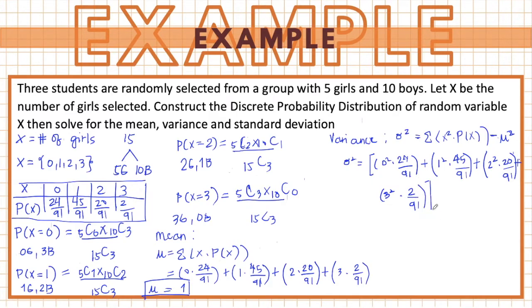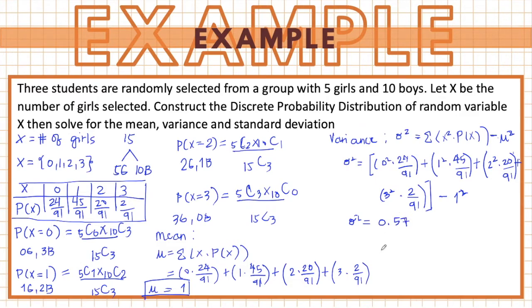And then, once we get the sum, we subtract it by the mean squared, which is 1 squared. So there, our variance is approximately 0.57.